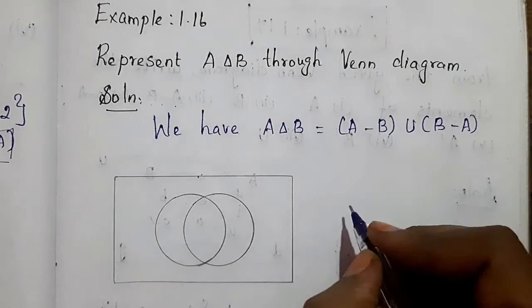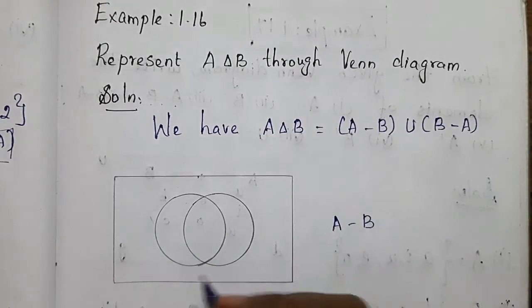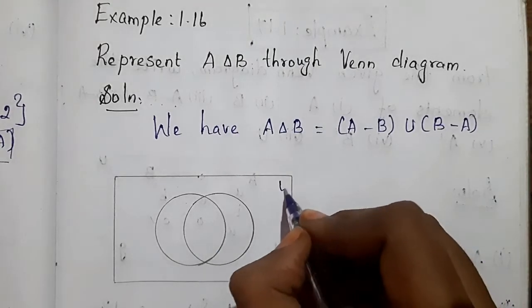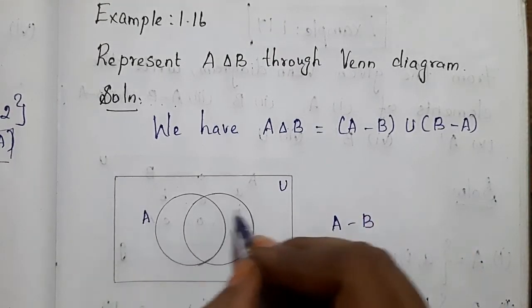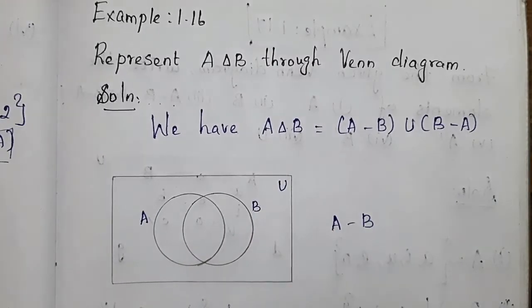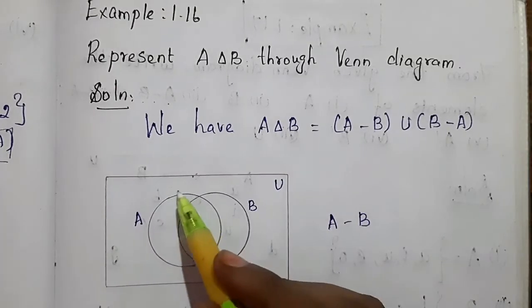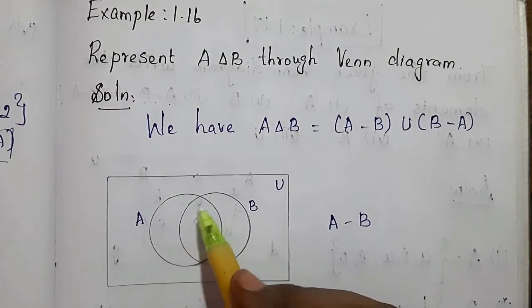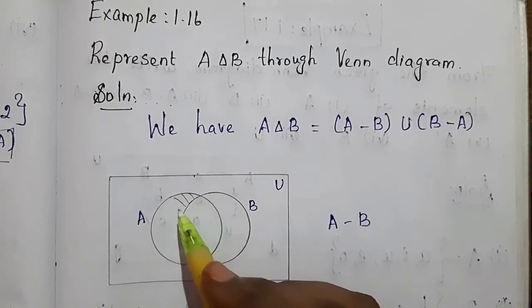Okay, so this is the Venn diagram for A minus B. If we take this as the universal set totally, this is A set, this is B set. So how will A minus B be? From A set, we have to remove all the B elements, so we will get only this element.